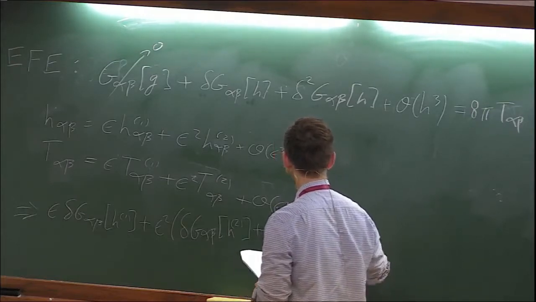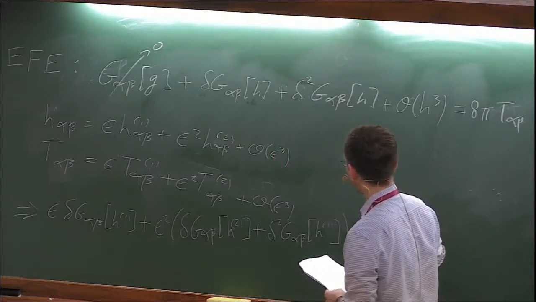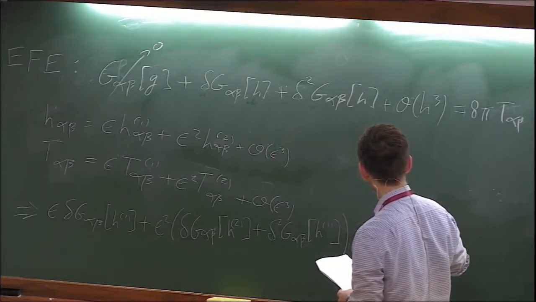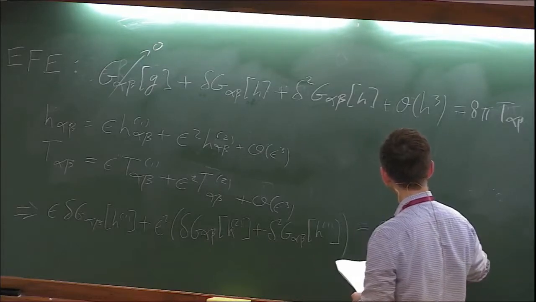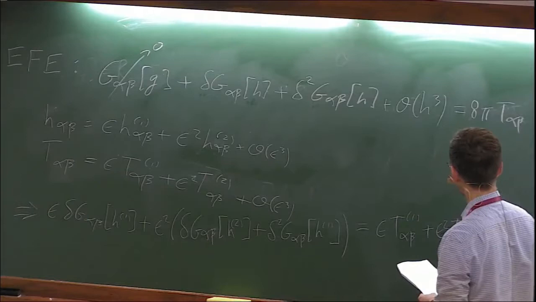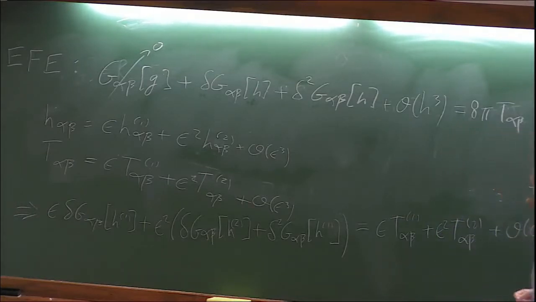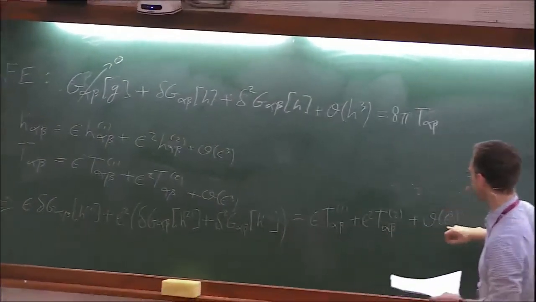And that's going to be equal to epsilon T1 alpha beta plus epsilon squared T2 alpha beta plus order epsilon cubed. So there's also an order epsilon cubed on the left-hand side, but I've just moved that to the right.